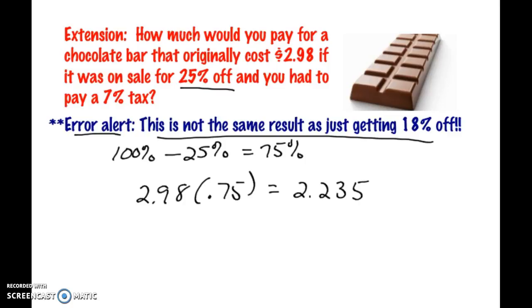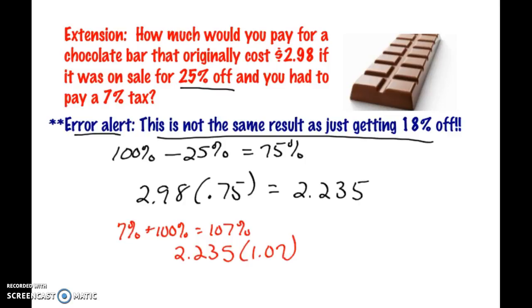Now I have to pay a 7% tax. So this time I have 7%. I also have to pay the whole 100% of what it's costing now. So 107%. I would take my answer that I just got from before, 2.235, and multiply it by 1.07.